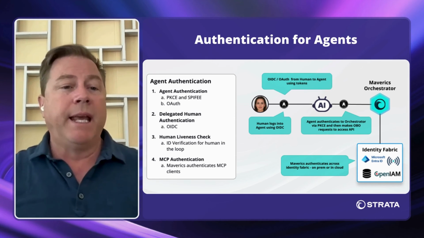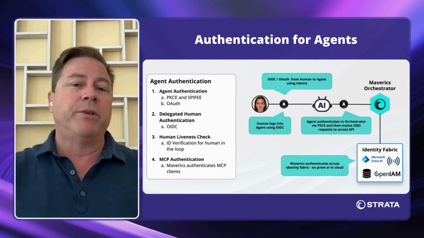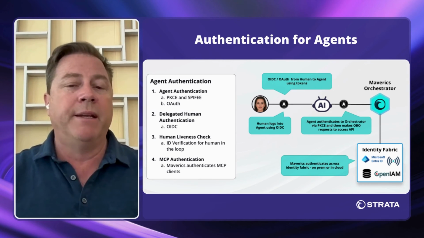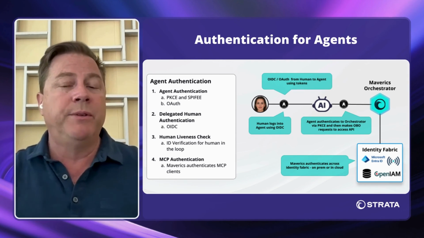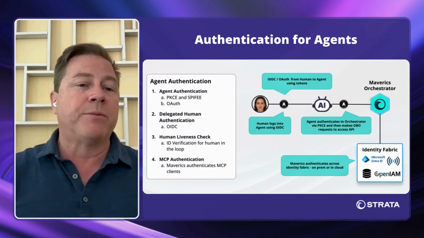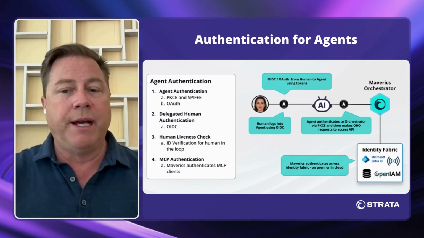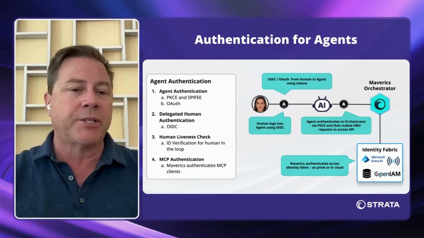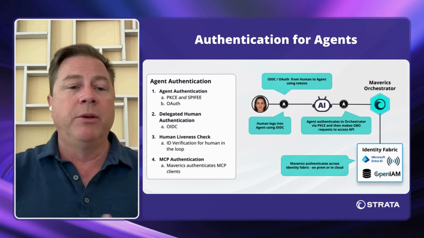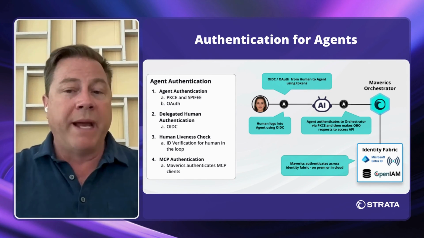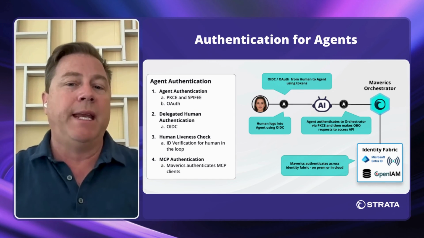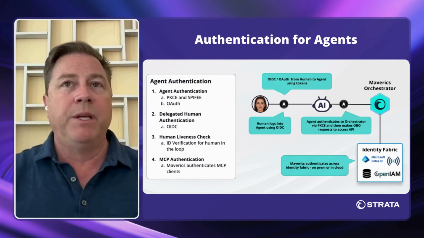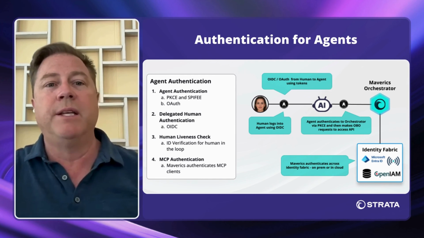When we do the delegated human authentication, we use OIDC, and that's important because that's the way that we can make the human known to the AI without passing passwords around. The liveness check is a redirect at the point in the transaction where we want to have that human in the loop happen. And then lastly, what Maverics is doing here is authenticating the agents to the MCP server. We can make sure that end to end, we've got continuous authentication.